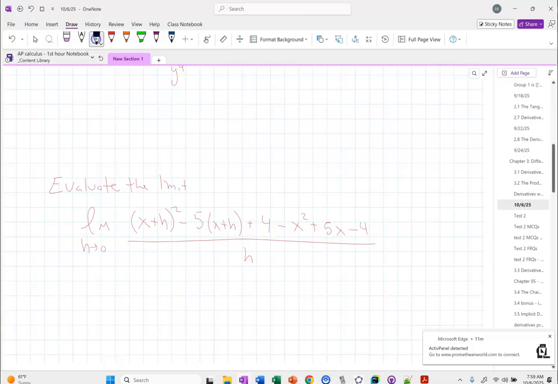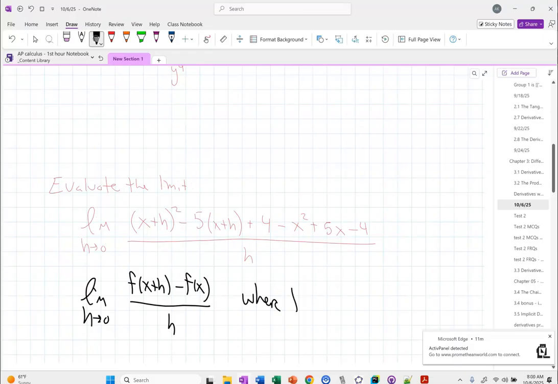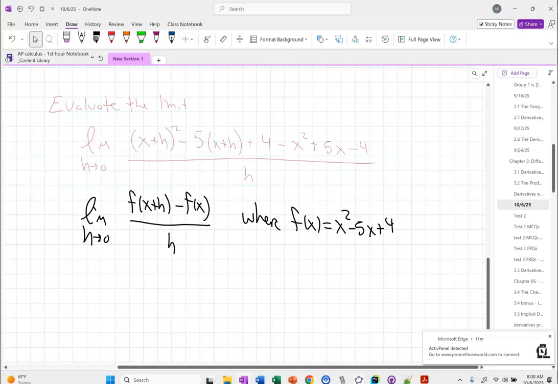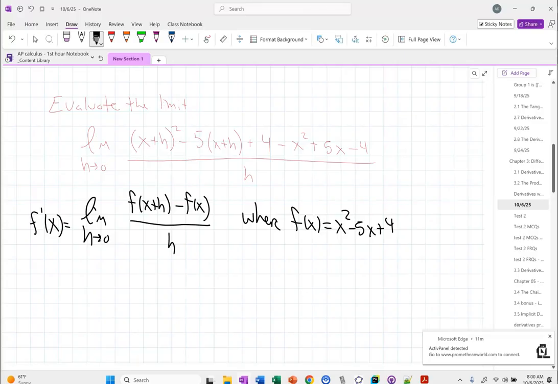What you want to recognize here is that this looks just like the derivative where f of x is x squared minus 5x plus 4.